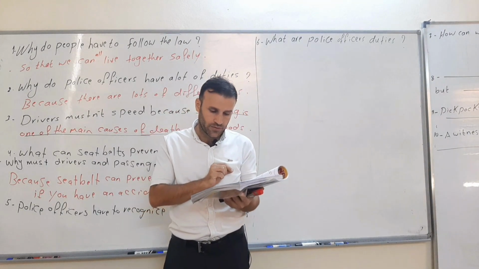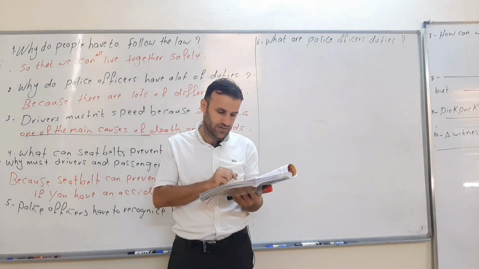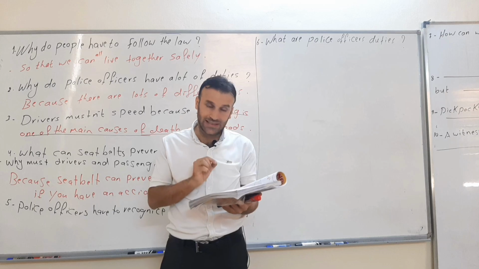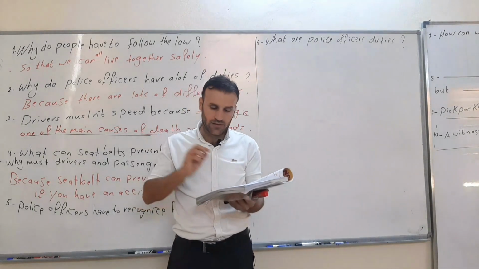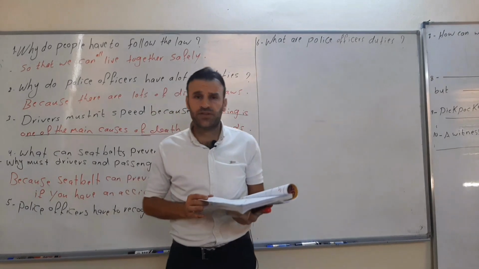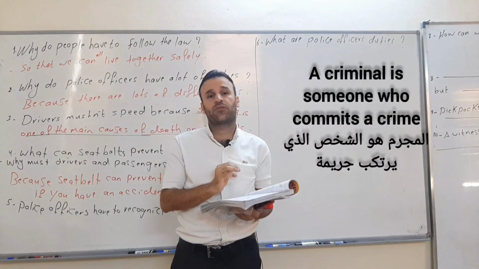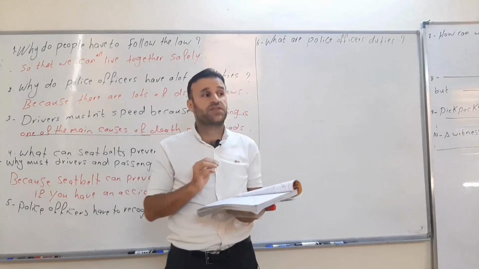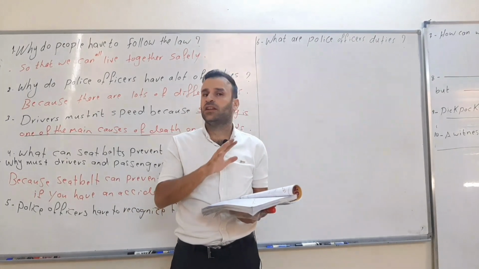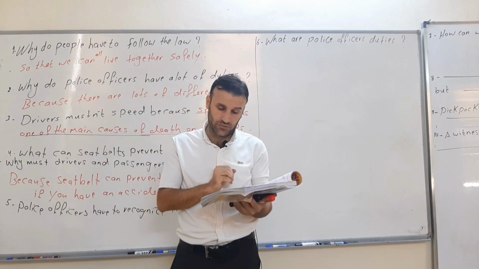They need to look for evidence like fingerprints and footprints, which can be used to identify and arrest the criminal. The criminal is someone who commits a crime, or does any illegal action.